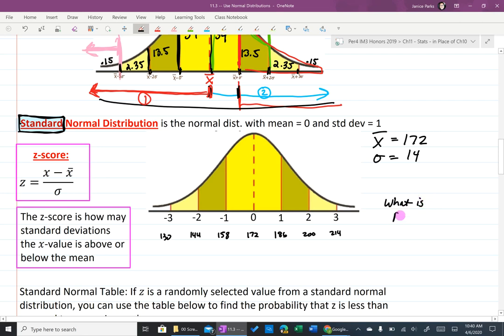But let's say the question asks, what is the probability that a person has a cholesterol that's less than 150? Okay, cholesterol less than 150. So 150 is right here. So this is 34%. This one is 13.5, but we don't know if it's really cut that far in half. This is because it's not a straight line, it's a curve.